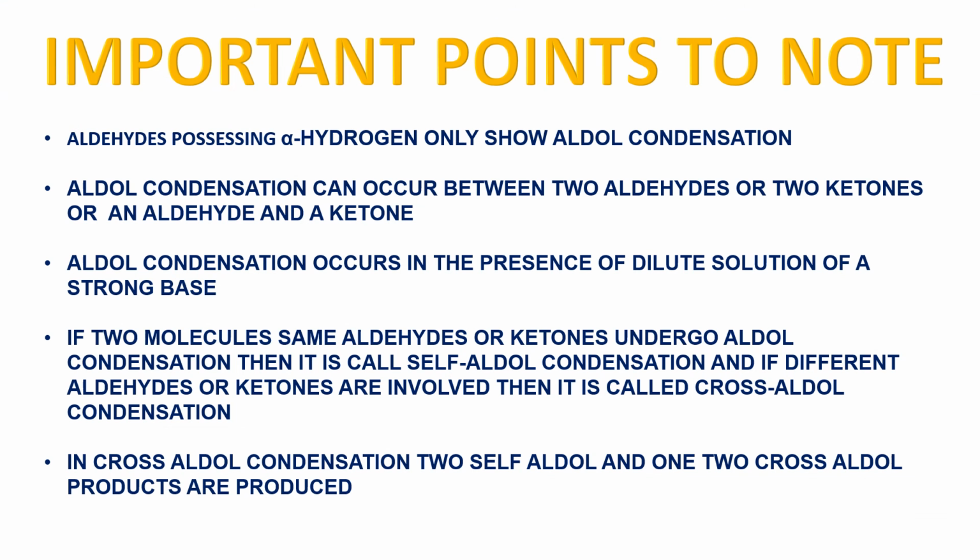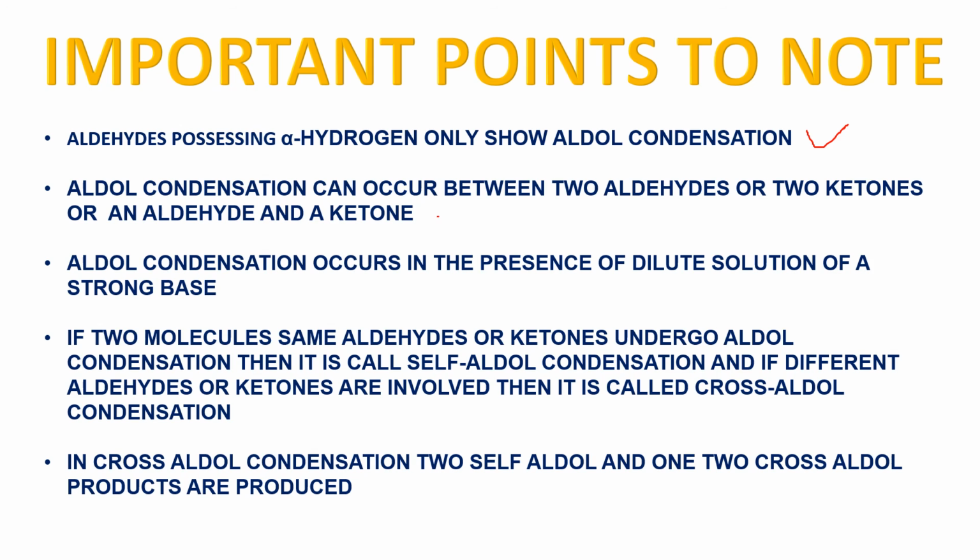So let's see the important points related to aldol condensation. Firstly, this reaction is shown by those aldehydes which contain alpha hydrogens. Now the Cannizzaro reaction is shown by those aldehydes which do not contain alpha hydrogens. So this is opposite.